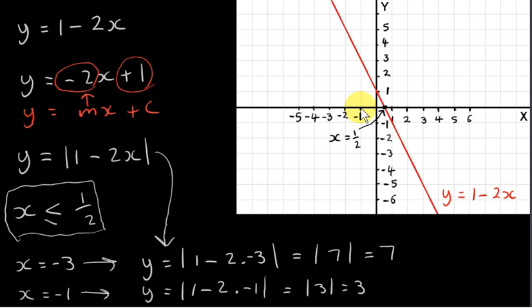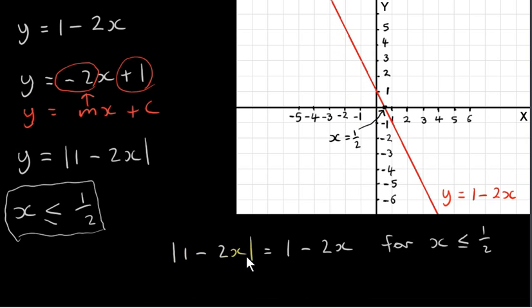So the value of the function at minus 1 is 3. So you can see the mod of 1 minus 2x is equal to 1 minus 2x for values of x less than or equal to a half. If x is equal to a half, then this quantity is 0. Well, the mod of 0 is just 0, of course. So it's true for x equals a half. It's true for any values of x less than or equal to a half.